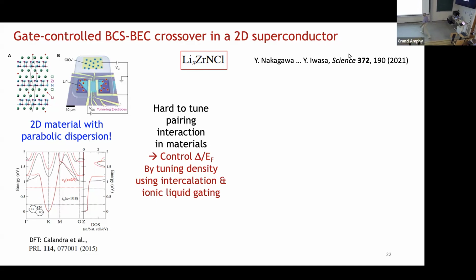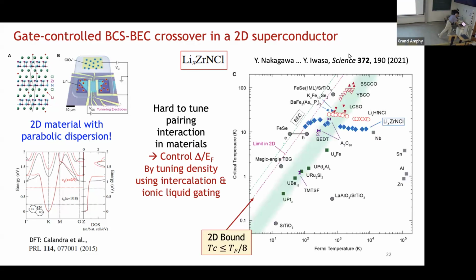So he took a 2-dimensional band insulator, which is zirconium nitrochloride, and he tuned the density over 2 orders of magnitude using intercalation with lithium and ionic liquid gating. And he found the following result. He found remarkable results, again on the Uemura plot.